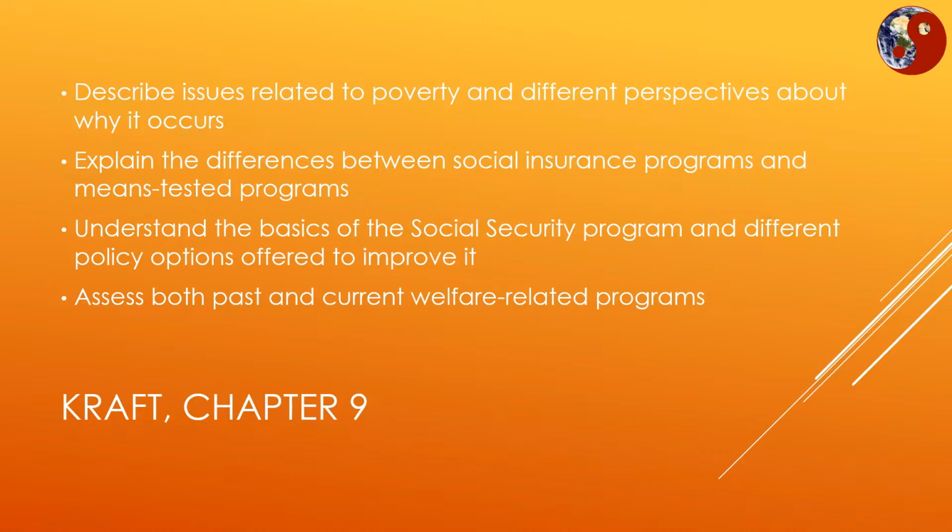The latter was the major reform of the former Aid to Families with Dependent Children program, and its efficacy is discussed. The chapter concludes by focusing discussions on the effectiveness, political feasibility, and equity issues of Social Security reform options.